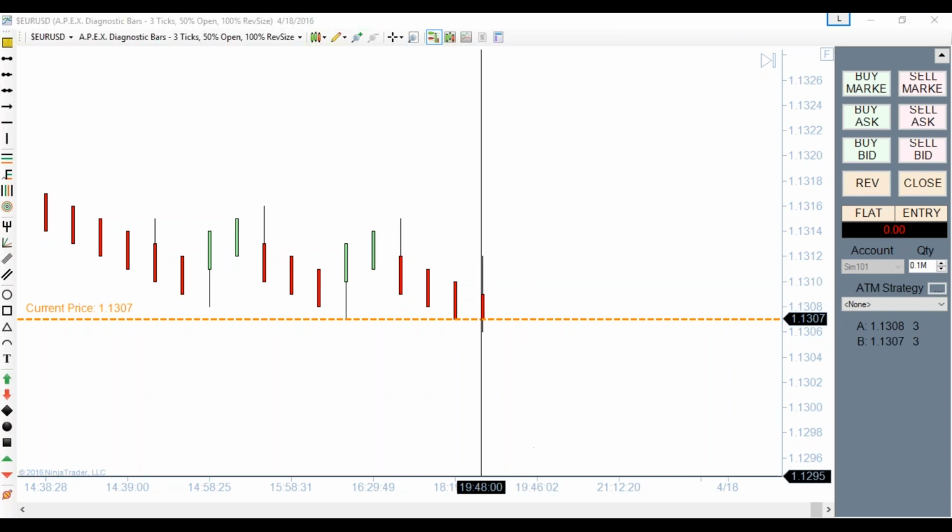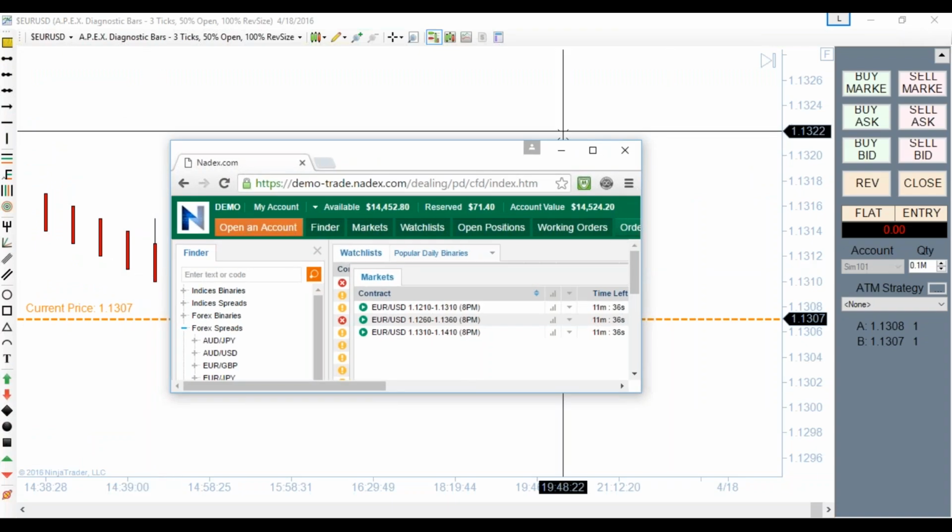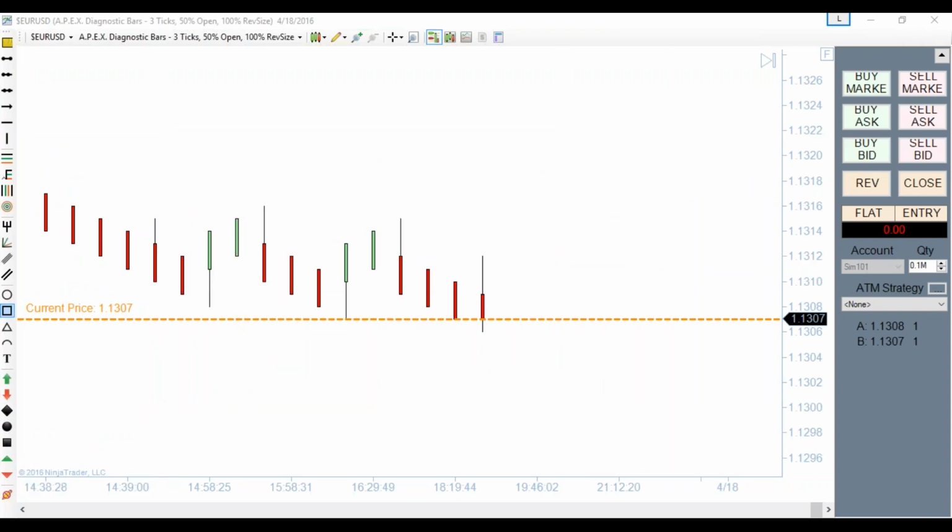And notice these new spreads that come out on the hour, 6 to 8, 7 to 9, 8 to 10, what are they? They're 100 pips wide. And there's 3 of them. So how do you think they do that? Well, right when these open up, the market's at what? 13.10. So here's what happens.